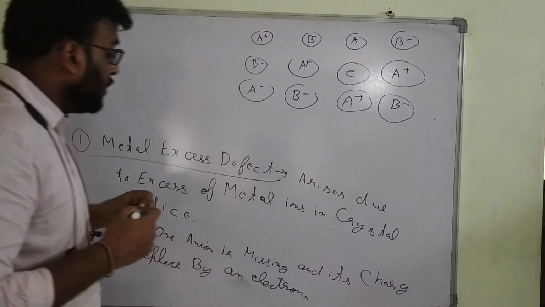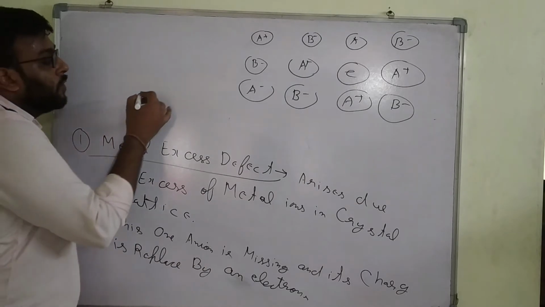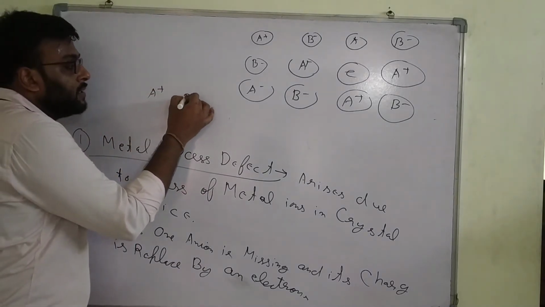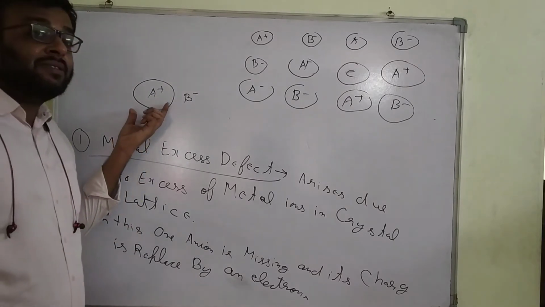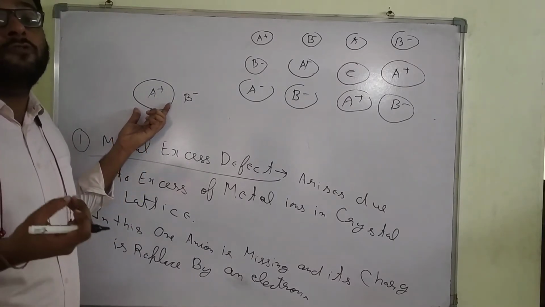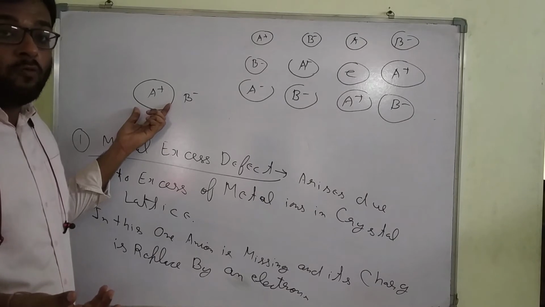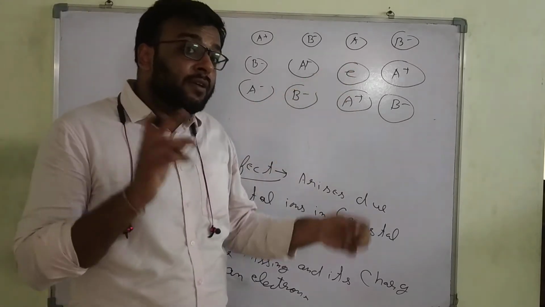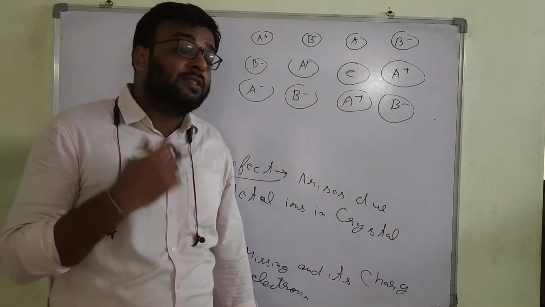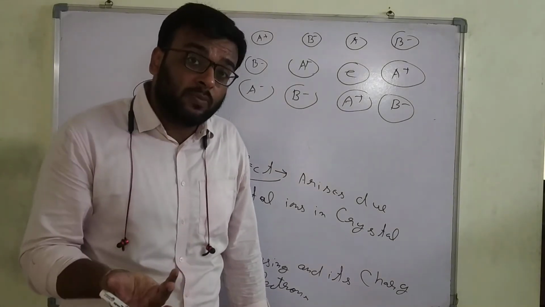Therefore, first of all, let me explain: you know what A plus and B minus are? In a metal excess defect, the metal always has a positive charge, so it is self-understood that the negative charge is less and the positive charge is more.